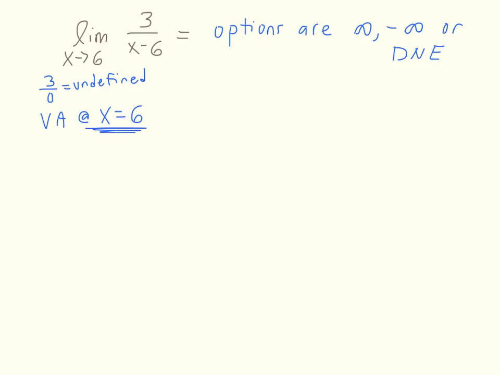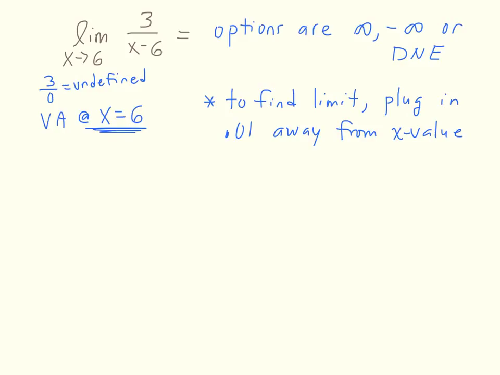Well, to help us get a feel for what's happening here, without actually looking at the graph, suppose you're not allowed to use a calculator, this is where you want to go very close to the number of interest on each side. So if we're approaching 6, I want to be slightly below it and slightly above it. So sometimes we say to go 0.01 away. So let's jot that down.